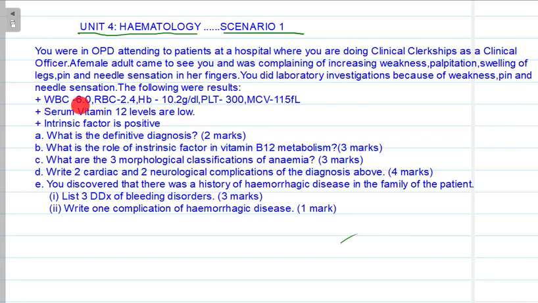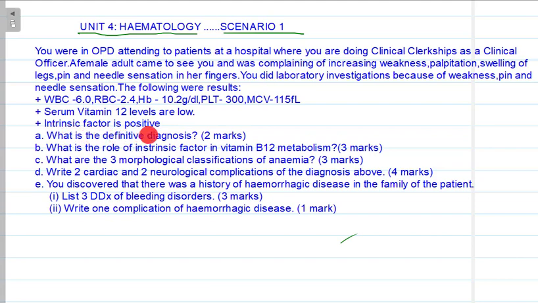White blood count 6, red blood cell 2.4, hemoglobin 10.2 grams per deciliter, platelet 300, MCV 115 femtoliters, serum vitamin B12 levels are low, intrinsic factor is positive.